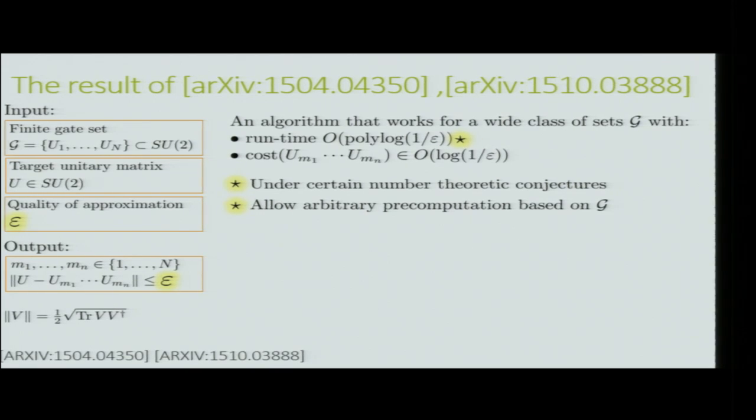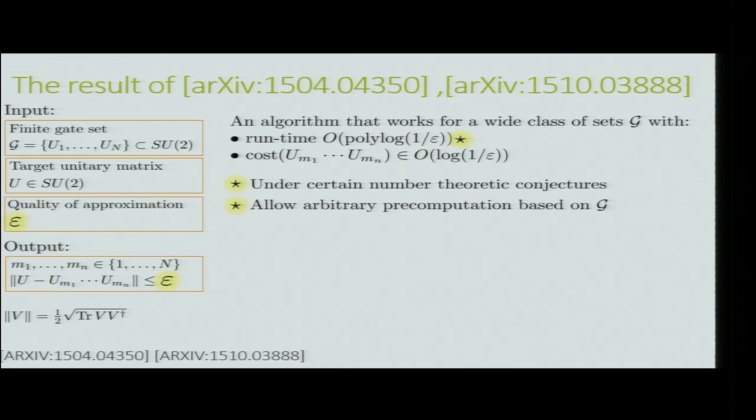solve pretty hard problems, but those problems need to be solved only once for the gates in G, which is just a constant size group. The precomputation is just on an input of constant size. In this case it's a very different precomputation. You just solve certain problems, actually certain number theoretic problems.